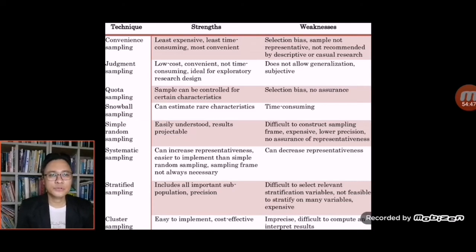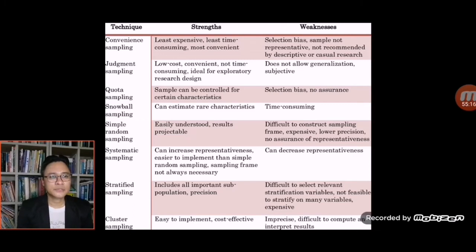Judgment sampling: low cost, convenient, not time consuming, ideal for exploratory research design, does not allow generalization or subjective. Yeah. Quota sampling: sample can be controlled for certain characteristics. Selection bias, no assurance. Snowball sampling: the strength can estimate rare characteristic. Weaknesses: time consuming. For simple random sampling, easily understood, results projectable.